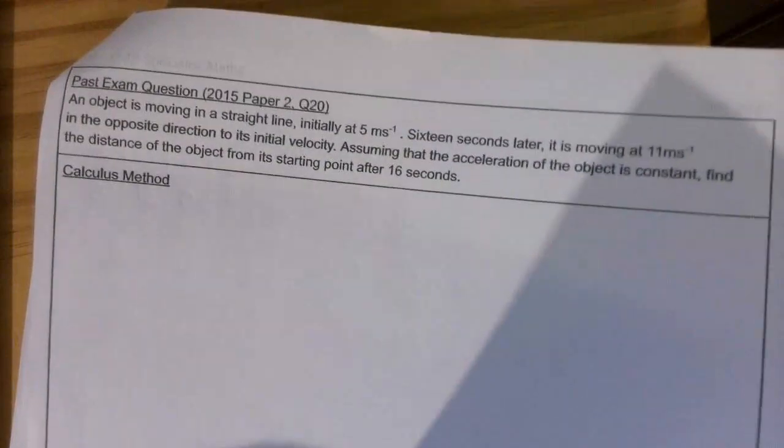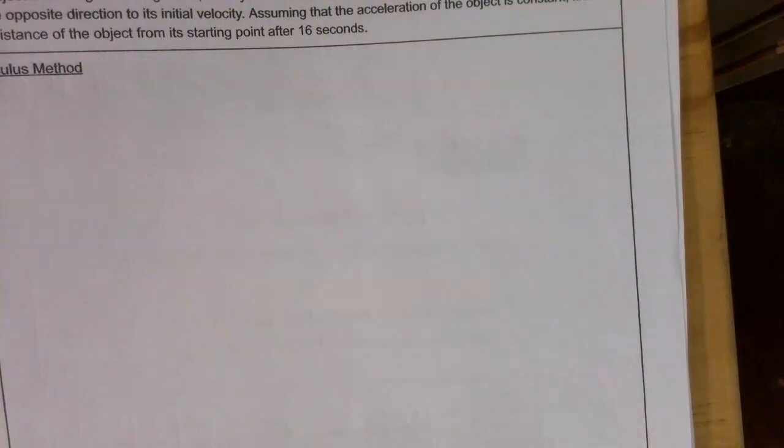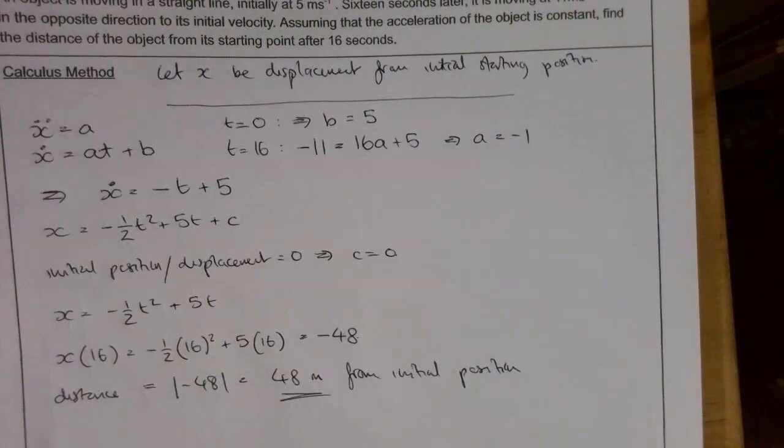Okay, I'm assuming you've had a go at both of these now. Let me just find it. I have it right here. Here we go. So I've got my 2 solutions, first with calculus.